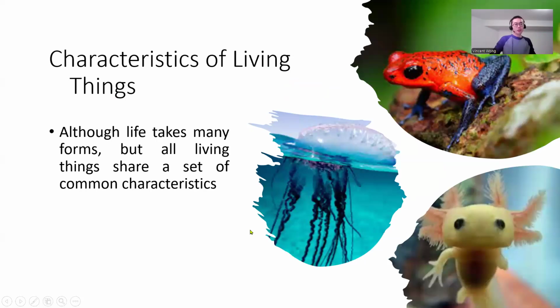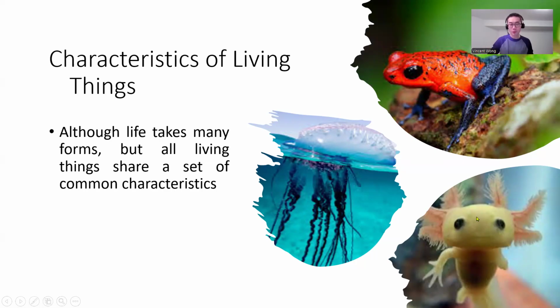So, like I said, although life takes many forms, all living things share a set of common characteristics. Here are three very different looking organisms. This is called an axolotl. It's actually illegal to have these things as pets in some provinces in Canada, but you can see them at the aquarium.